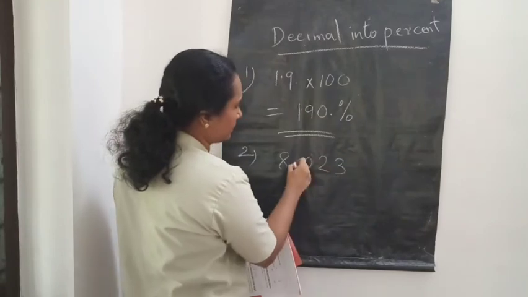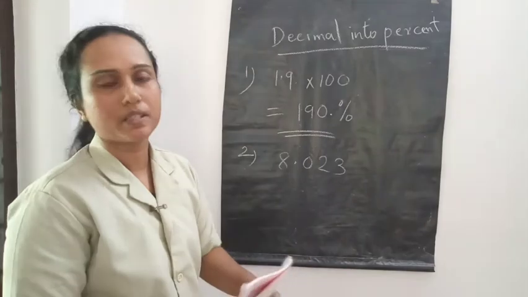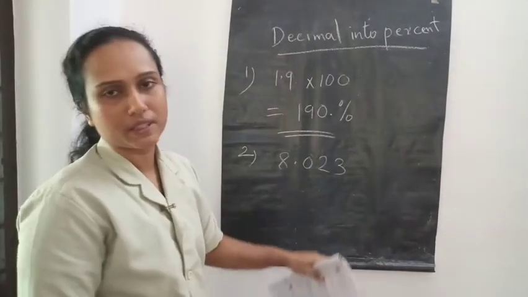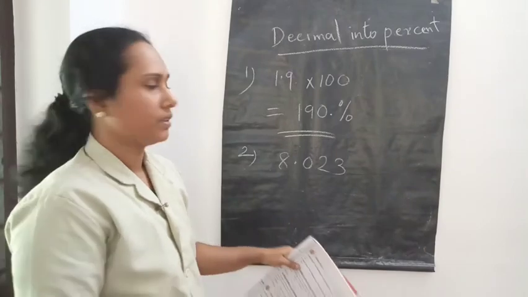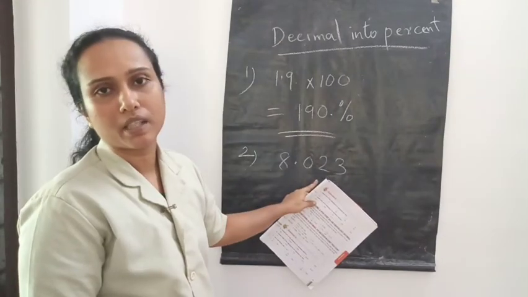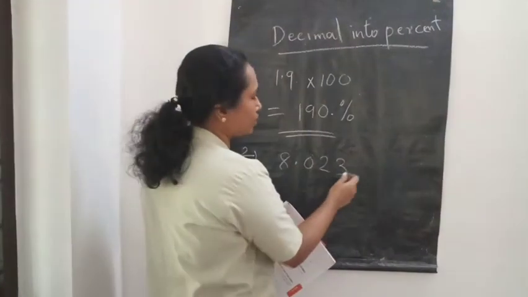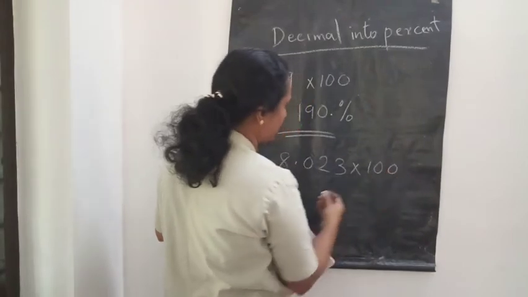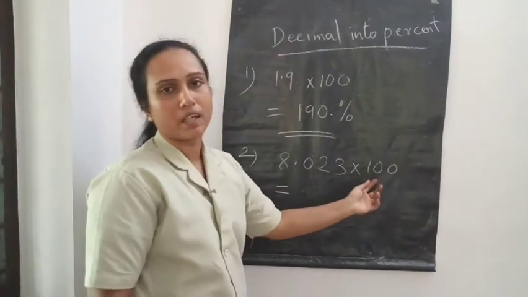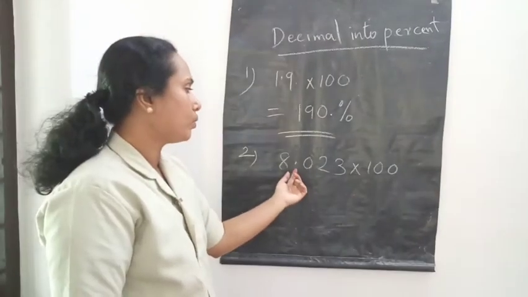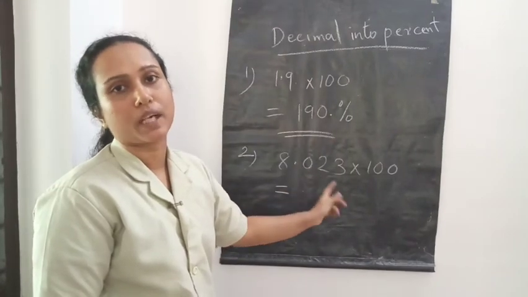8.023. You have to convert this decimal as a percent. For converting to percent, first we multiply by 100. Multiply this decimal by 100 and put the symbol of percentage. Then 8.023 into 100 is equal to, multiplying by 100 means just moving this decimal point 2 places to the right.